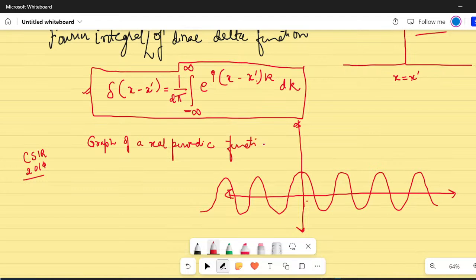One wants to find how the graph of the real part of its Fourier transform would look like.